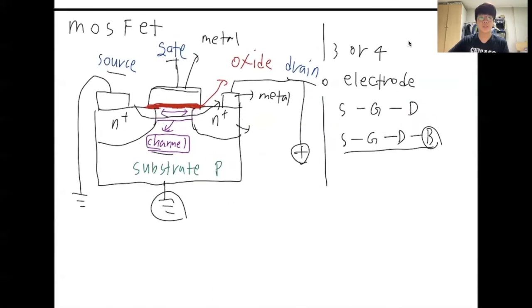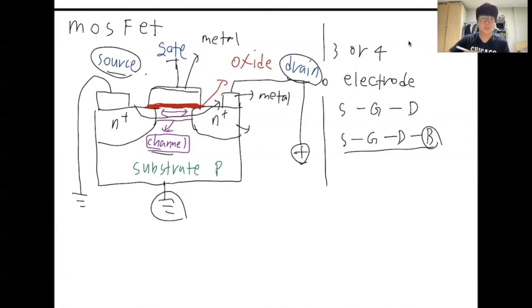The MOSFET is similar to the MOS capacitor, but there is a source electrode and a drain electrode. So a MOSFET has 3 or 4 electrodes: source, gate, and drain, and there is a body electrode. Usually the body electrode is connected to the source.